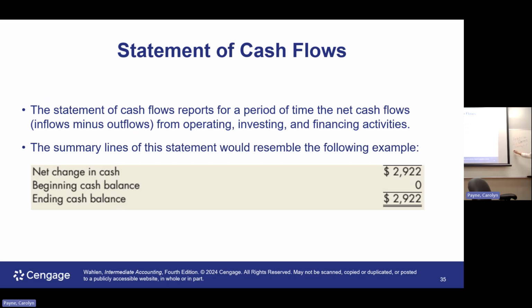Any change in long-term assets, whether we bought them or sold them, is going to go in this section. Long-term debt goes in this section. And owner's equity goes in this section.